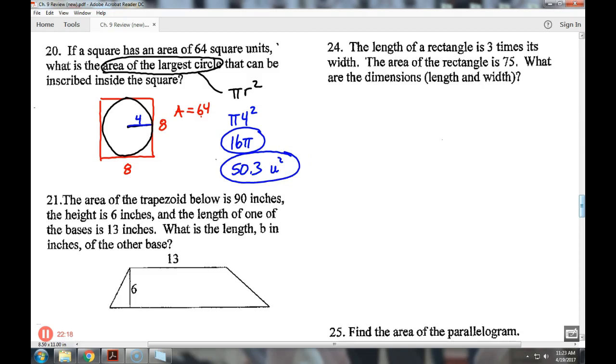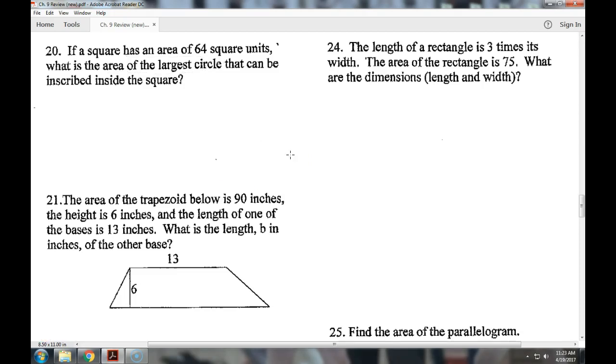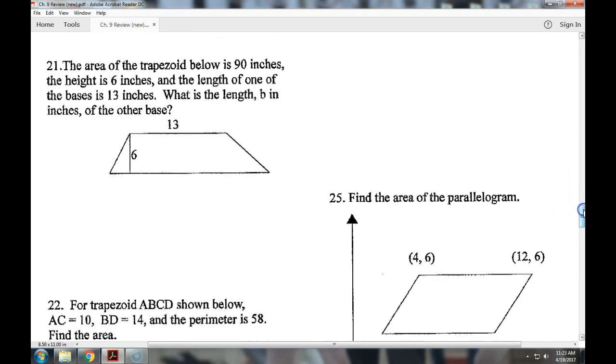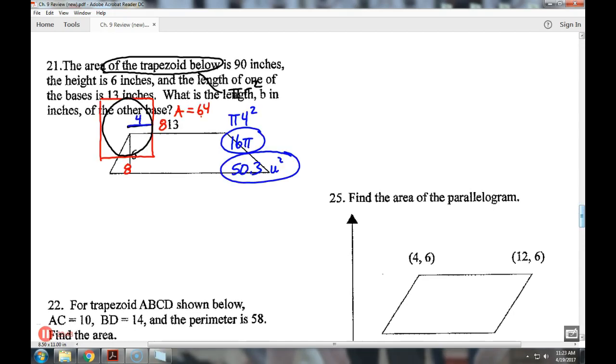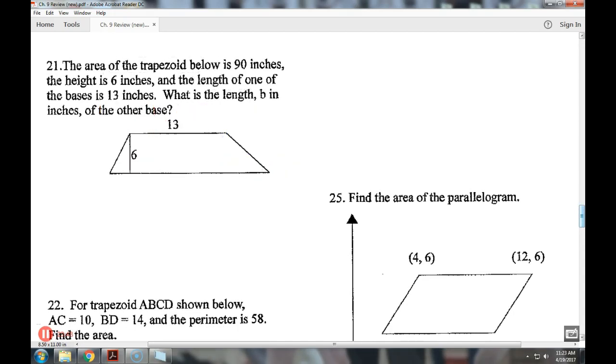All right, number 21, moving right along. The area of the trapezoid below is 90. Now, right away, I want to use a fact that I pointed out earlier. The area of a trapezoid is simply the average base times the height. And they're telling me it equals 90.